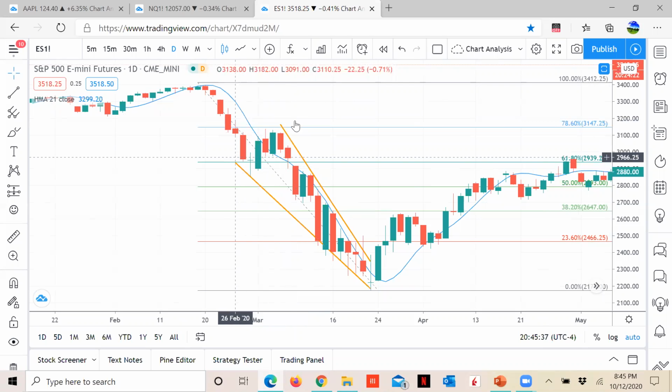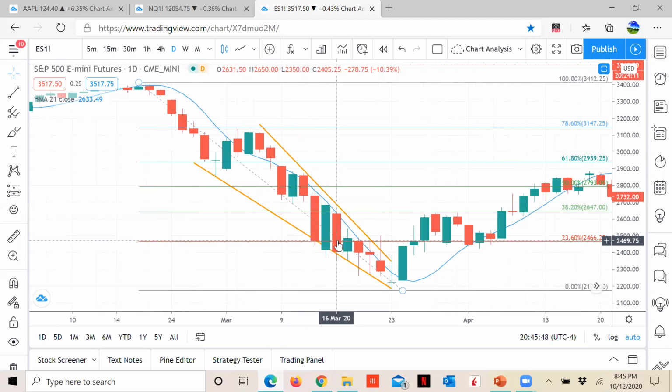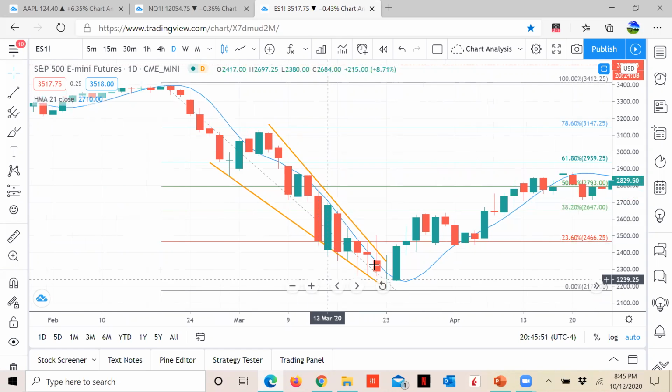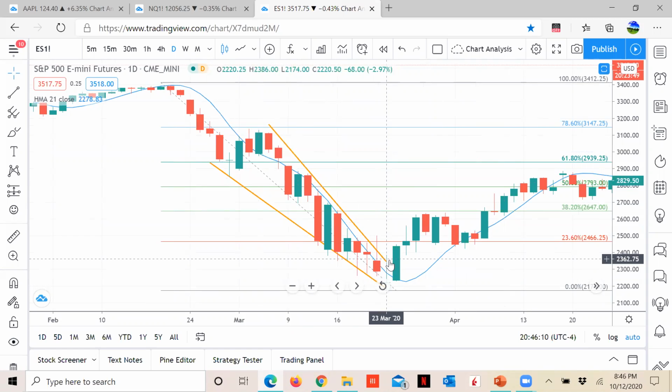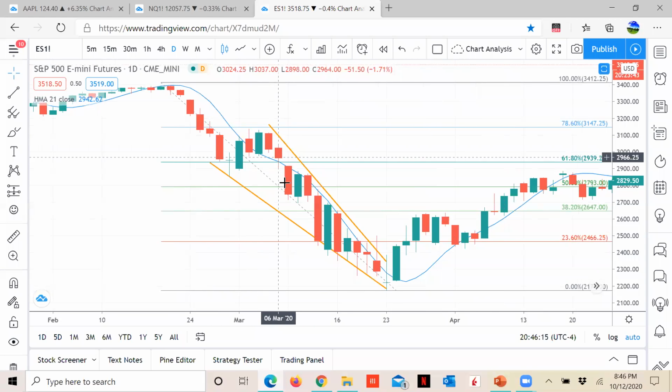If you were here around March 2nd and you draw two trend lines, let me zoom in to get a better perspective. You're drawing two trend lines, one joining the lower highs and one joining the lower lows. And then these two trend lines are converging here on March 23rd, with a decrease in volume.